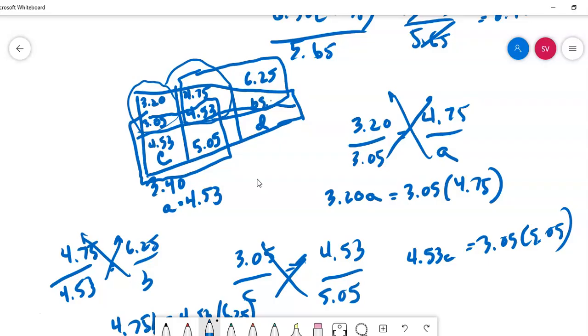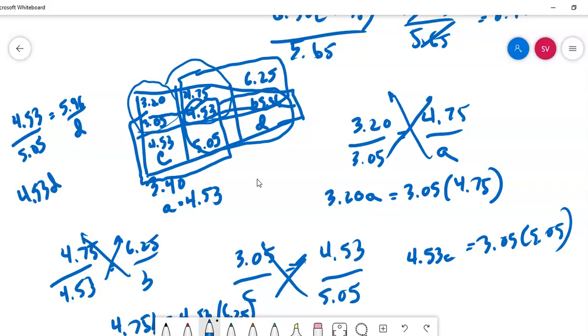So I get 5.96. Now I could use these three dimensions. So 4.53 is to 5.96 as 5.05 is to D. So if you cross multiply, you get 4.53D.